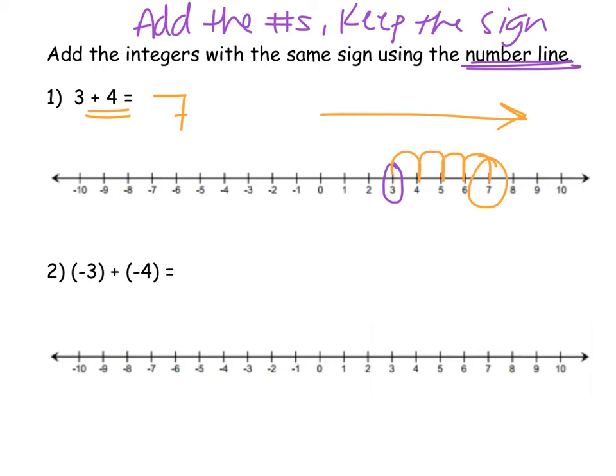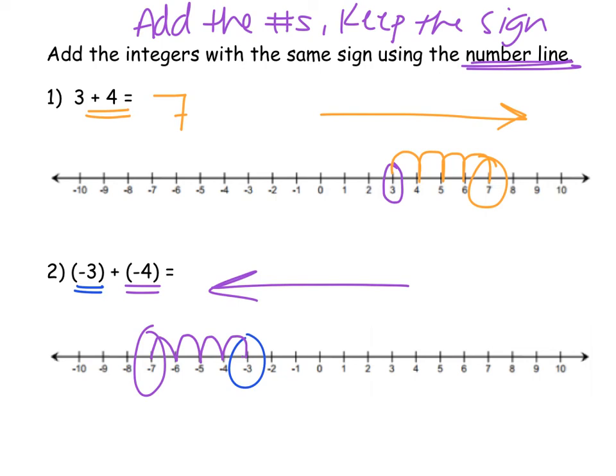Now, on our next one, when we are working with negatives, if we start at negative 3, we have to move negative 4 units. Remember, negatives go down our number line. 1, 2, 3, 4. Moving negative 4 units brought us to our answer, which is negative 7.